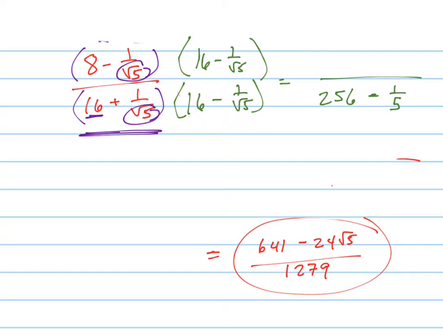And then on the top, foiling them out would get us 128, minus 16 over root 5, and then minus 8 over root 5, so that's minus 24 over root 5, and then plus 1/5.